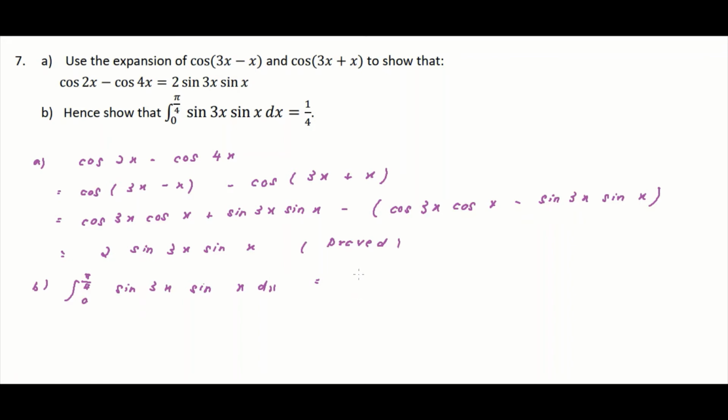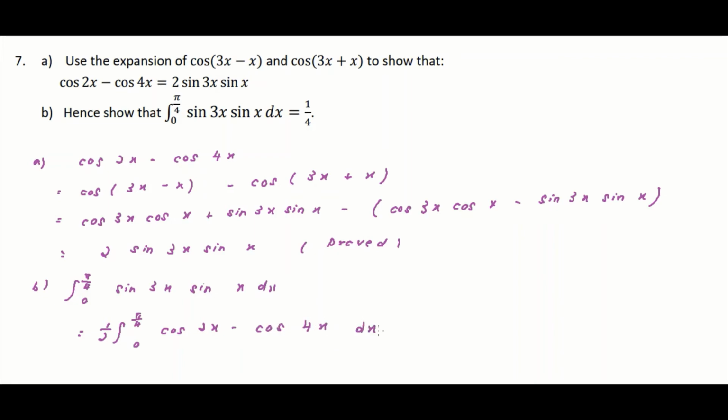So that's why we can change it. Substitute it. Since you want sine 3x sine x without the 2, you move it across, so it becomes 1 over 2 multiplied with everything: 1 over 2 (cos 2x minus cos 4x).